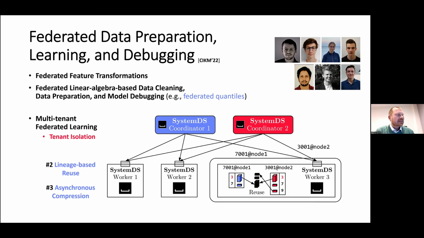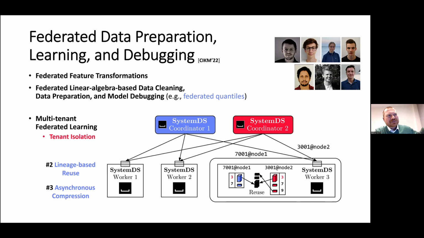In this context, a key observation is that, in contrast to traditional stateless machine learning systems that execute a certain workload and are then torn down, those federated workers are long-running, standing workers, and with that have similar characteristics to a database server that can asynchronously perform certain data reorganization.